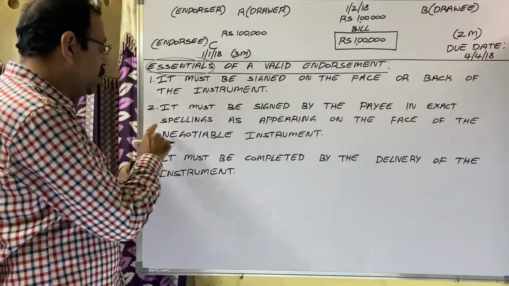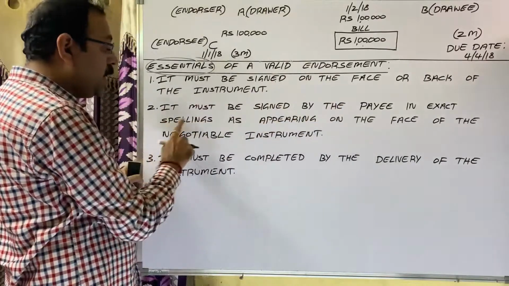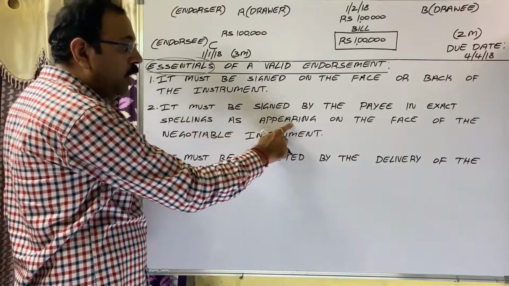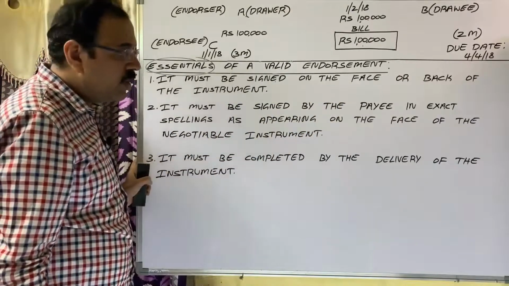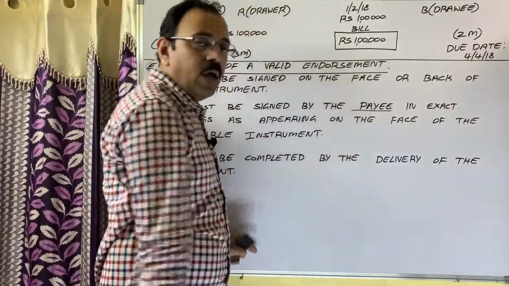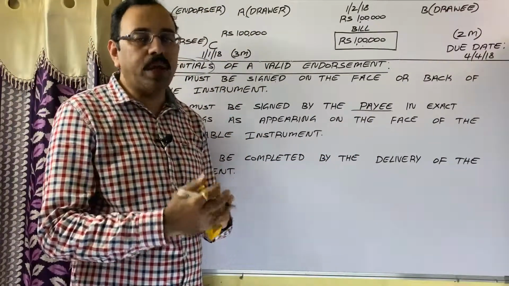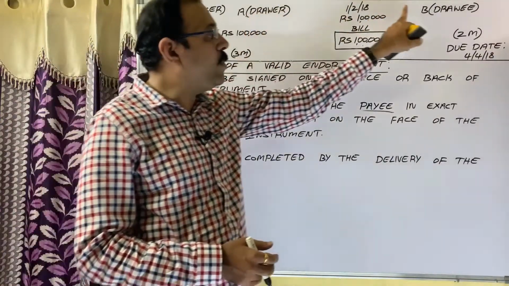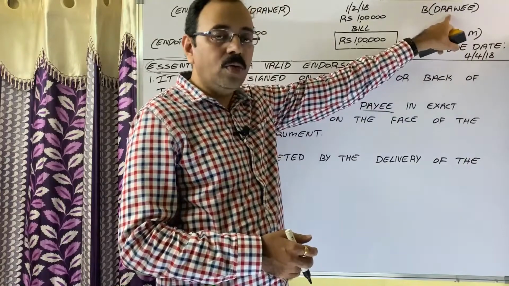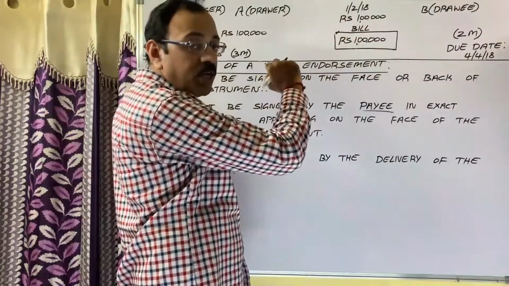Then second condition is, it must be signed by the payee in exact spellings as appearing on the face of the negotiable instrument. Here payee means who? A person who is going to take the money on the due date. If bill is not endorsed, then A will take the money on the due date from B, no? So A will become the payee. This bill contains payee signature, no?